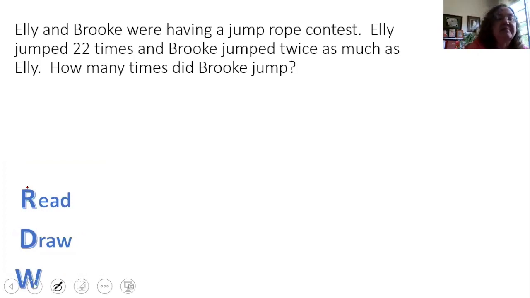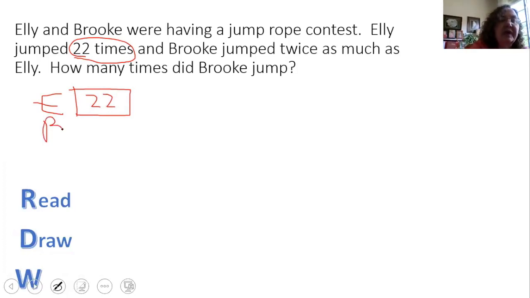I certainly don't want to draw a picture of two girls jump roping because that would take too long. But I can put down, here's Ellie, and what do I know about her? She jumped 22 times. So I'm going to make a tape diagram and show her 22 jumps on there. But I know there's Brooke also, and Brooke jumps twice as much. What did we say that word twice meant?